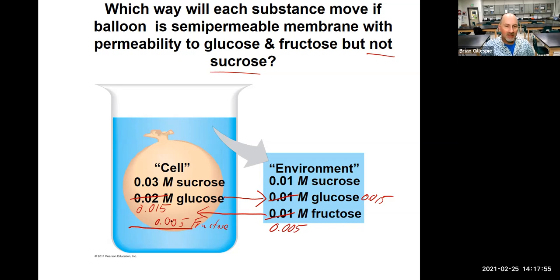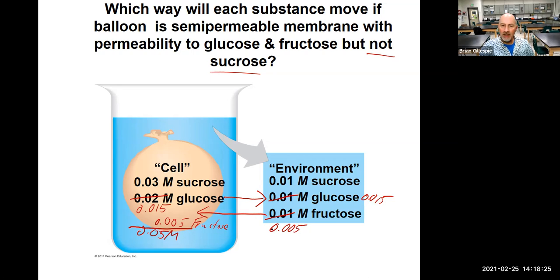So if we add these together, well, 0.015 plus 0.005, so that's back to 0.2 plus 0.3. Our total concentration in the cell, even at equilibrium for those sugars, is 0.05 molar.